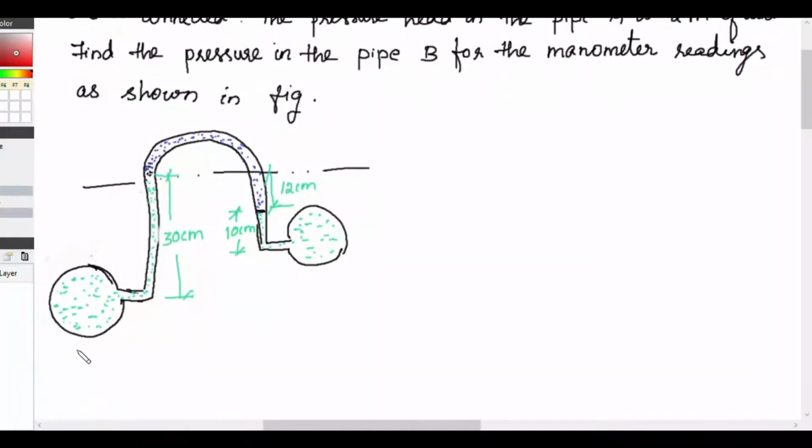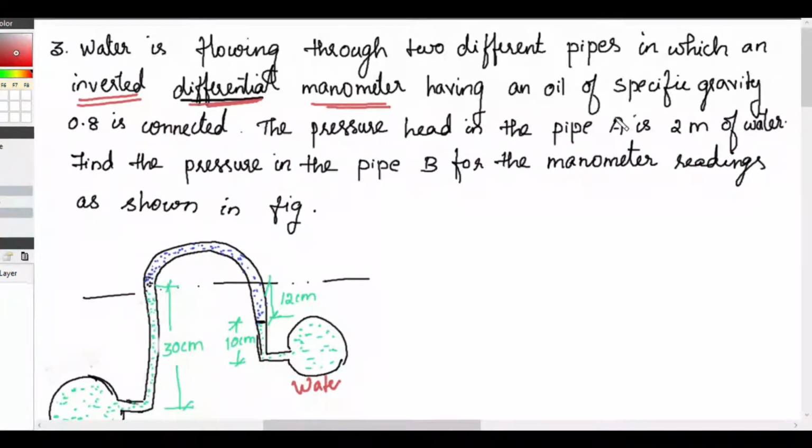We have water in both the pipes. In the differential manometer, instead of mercury we have oil here. So this is oil. Instead of mercury we have oil. The specific gravity of oil is 0.8.